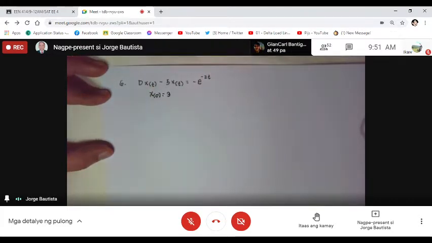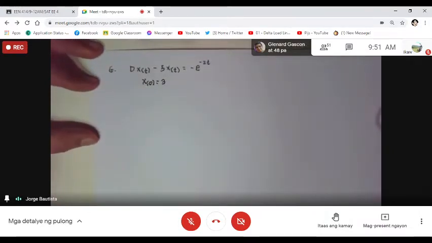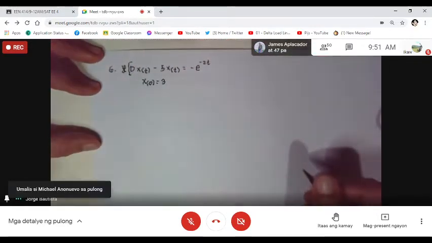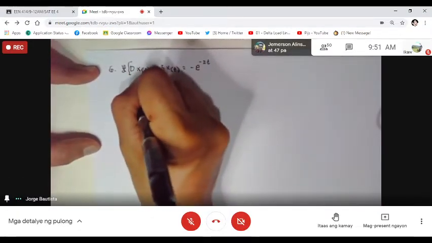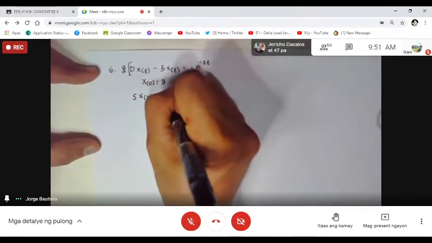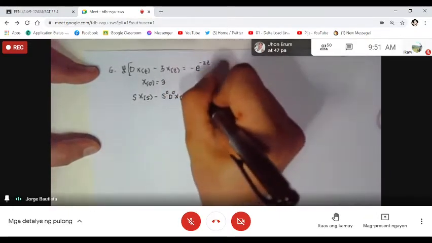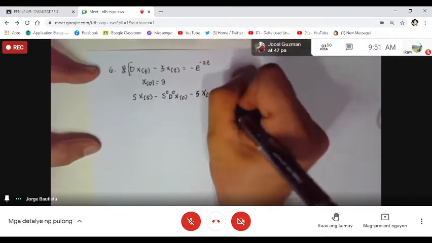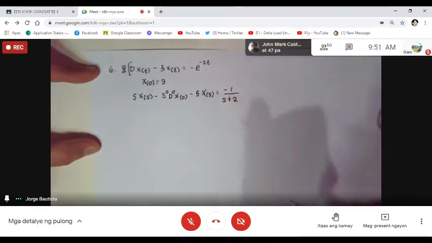Okay, so stop sharing this. Ayan, so take the Laplace. Kukunin mo yung Laplace nito. So, we have s X(s) minus x(0), which is 3, minus 5 X(s), equal to negative 1 over s plus 2.